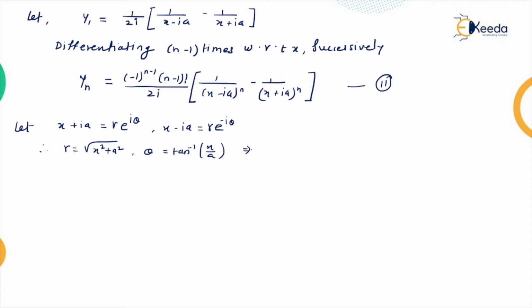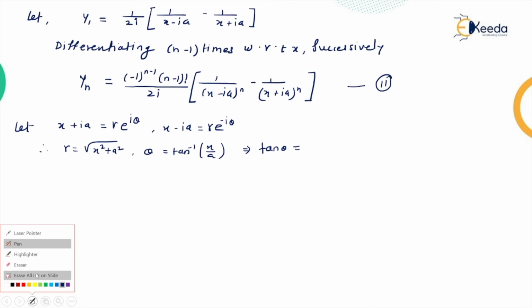So there is a little bit of change here: tan theta is a divided by x.